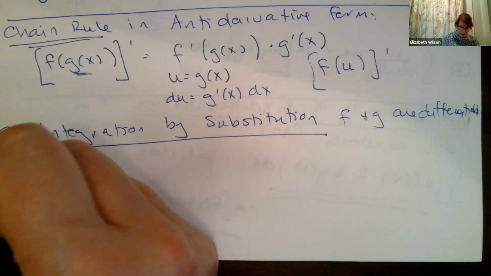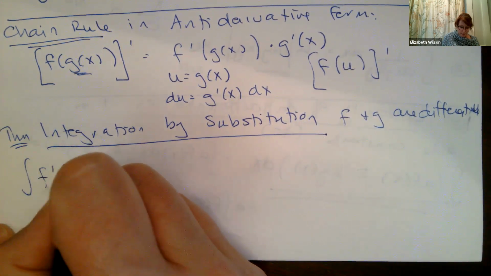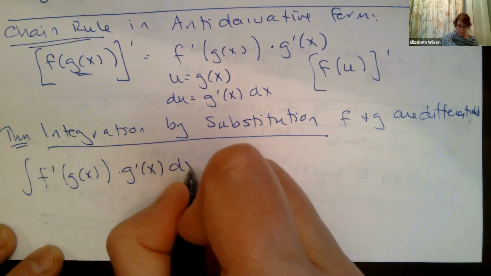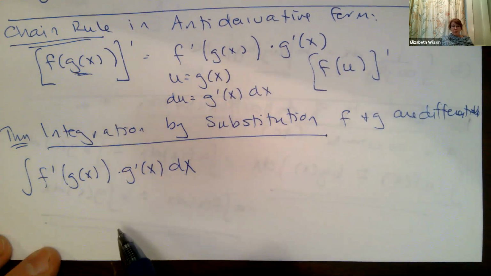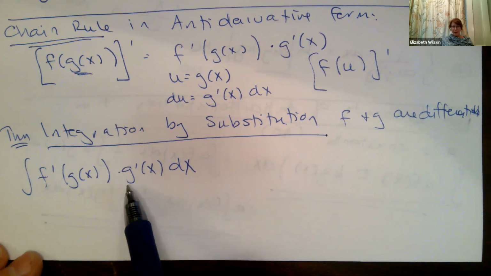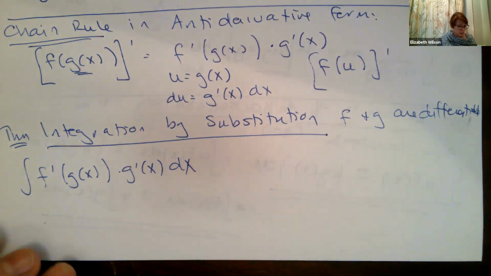Okay, so now what I have is I'm dealing with the integral of f prime of g of x times g prime of x dx. Look, it's handed to you, right, in that format. The trick when you're looking at this as an integral is to recognize which is the derivative and which is the nested function. Okay, that's part of what we're going to be learning.